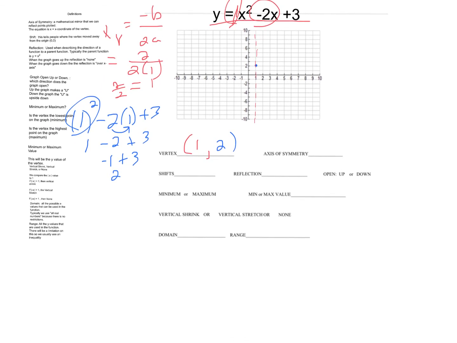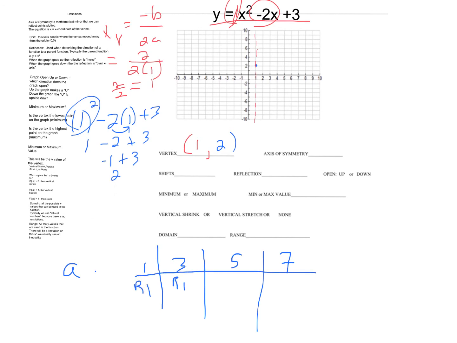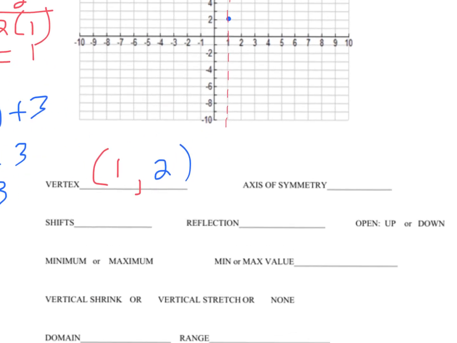So again, a times 1, 3, 5, 7. Right 1, right 1, right 1, right 1. Okay. Now my a value in this case is positive 1. So 1 times 1 is up 1. 1 times 3 is 3, so up 3. Up 5. Up 7. Alright, so that's our movement.